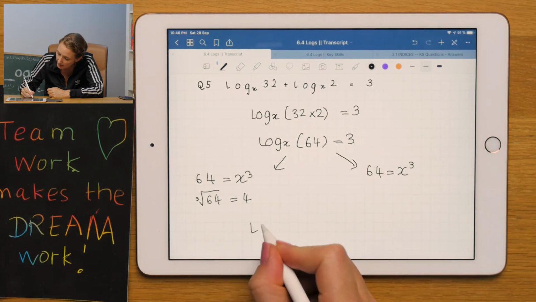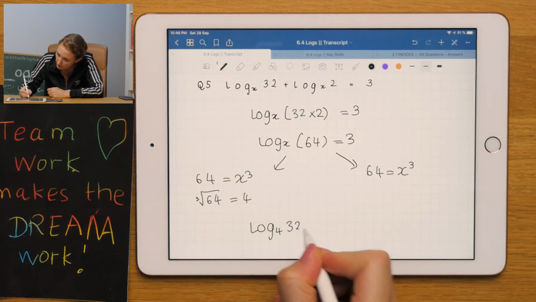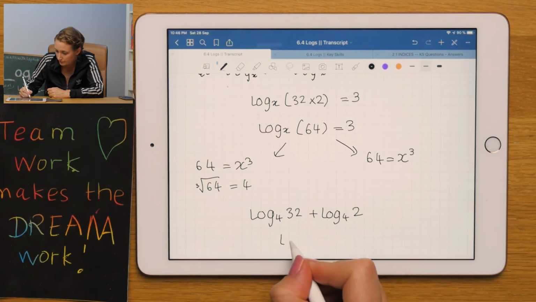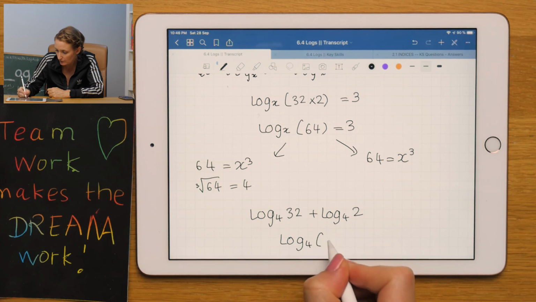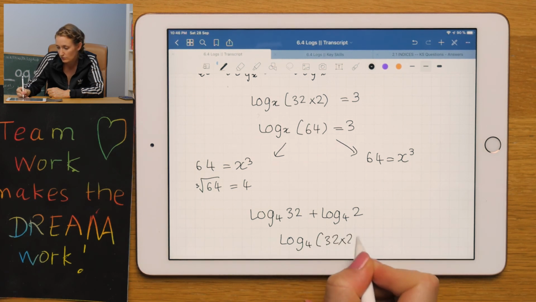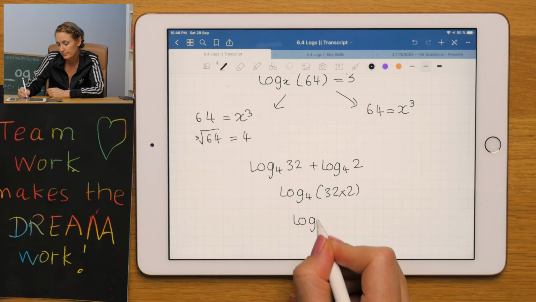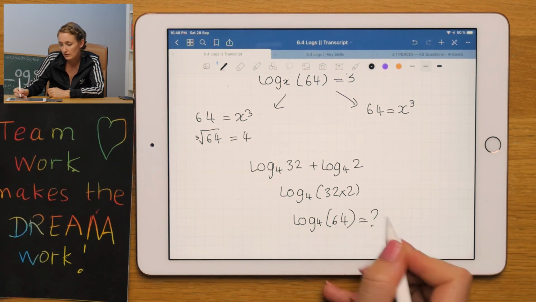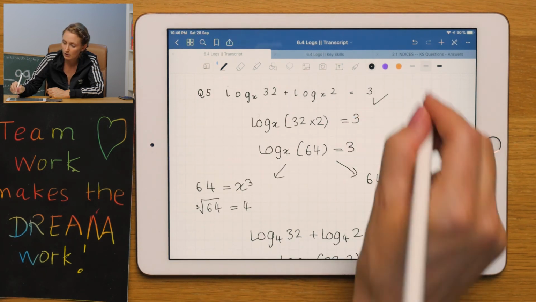And you can check it again. Log base 4 of 32, plus log base 4 of 2. Log base 4 of 32 times 2. That's going to work, right? 4 to the power of what is 64, and the answer is 3.